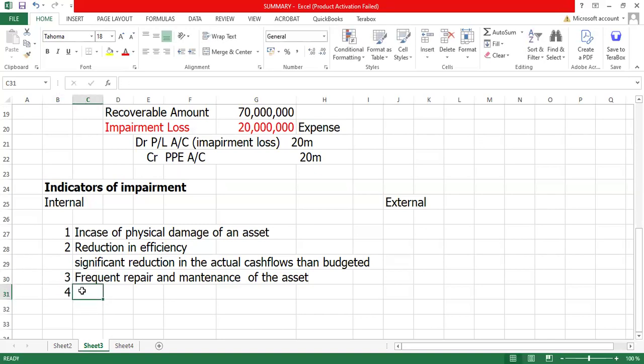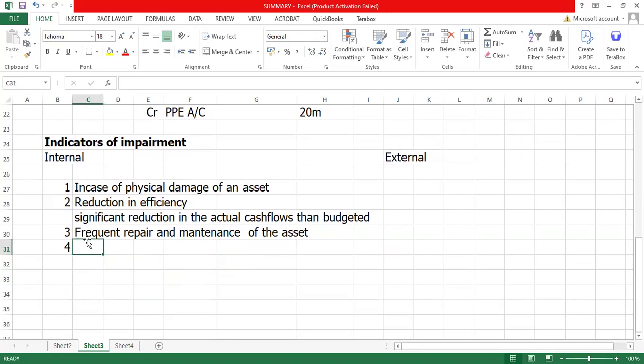Then next, operating loss or net cash flow.